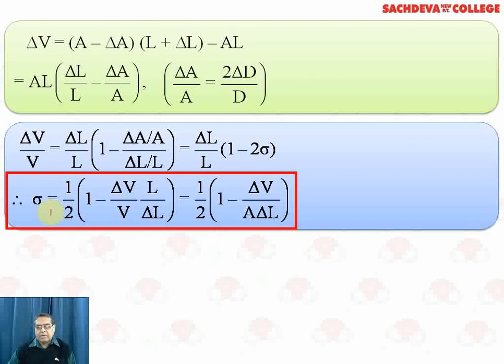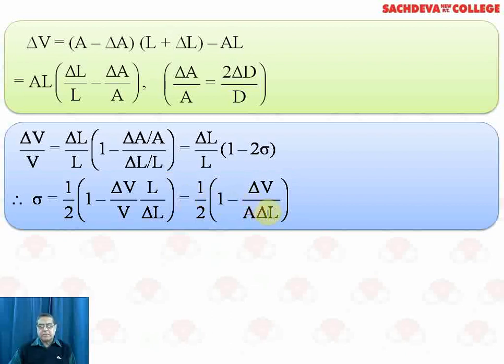Sigma is half of (1 minus delta V over V, the change in volume over original volume, multiplied by the original length over the change in length). That is half of (1 minus delta V over A delta L). After all cancellations, our conclusion is that the Poisson's ratio sigma is equal to half of (1 minus delta V over A delta L), where delta L is a small change in length.